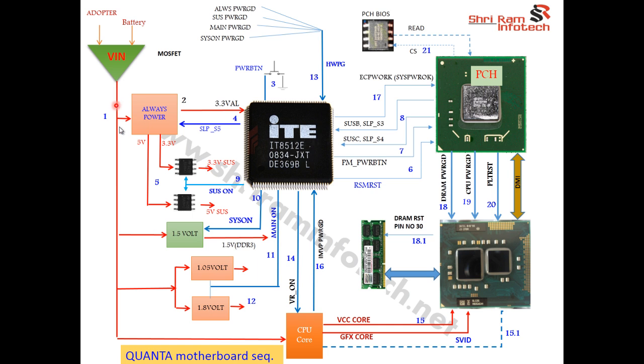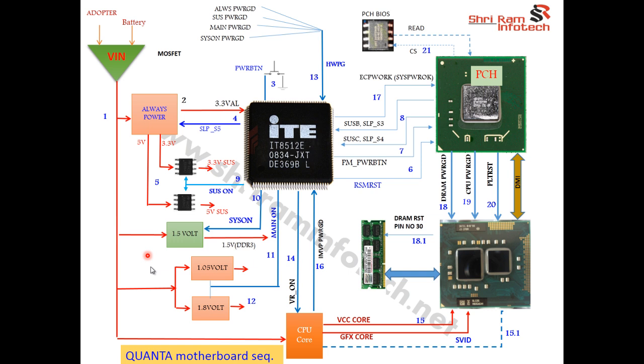This 18 volt goes to the different pulse width modulators. It goes to the always voltage, the 1.5, the 1.05, 1.8 and CPU core, all the input sections. I already explained in another video how the pulse width modulator works. You can see that video also to understand the pulse width modulator.